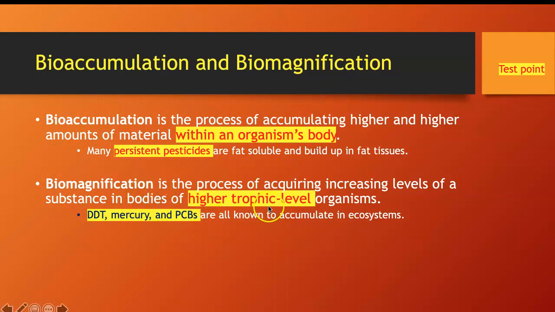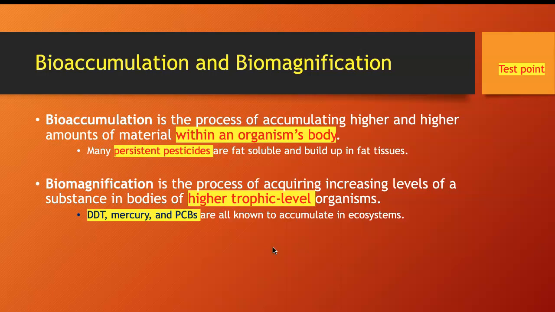Biomagnification means the increase of the concentration in the bodies of higher trophic level organisms. That means when you go higher in the food chain or the food web, the effects of the chemical are manifested. Now we're not comparing individual shrimps, shrimp A and shrimp B. We are comparing shrimp and the fish and the birds and the human.